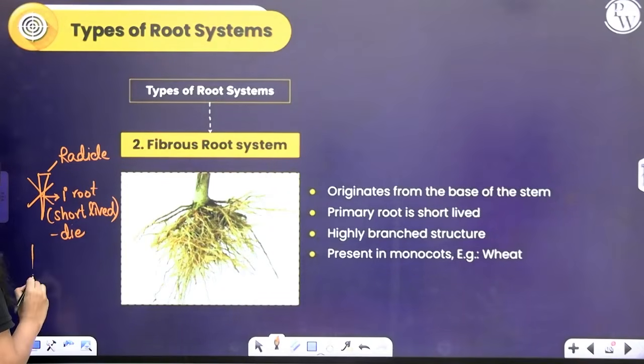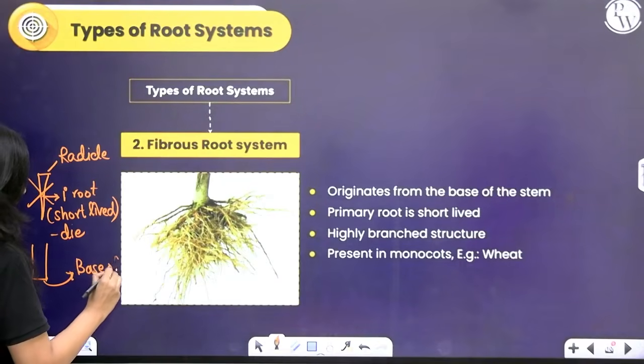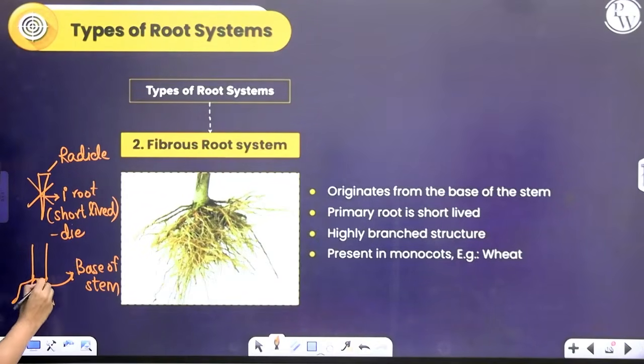What happens then is, from the base of the stem, roots will start arising, highly branched roots. They will arise like a tuft. This type of root system is called fibrous root system.